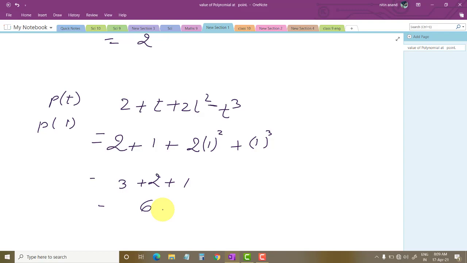Now we have to find P(2). See how we will write P(2).